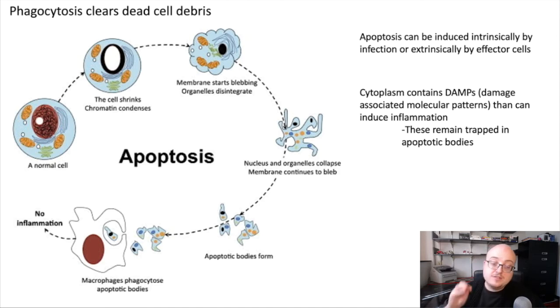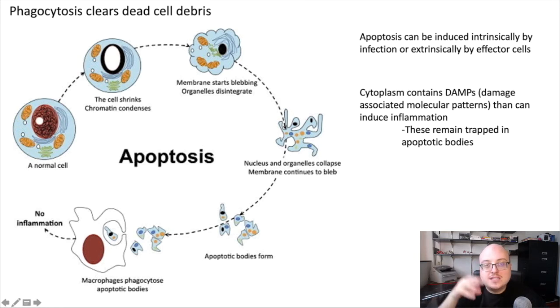But I keep coming back to the fact that these apoptotic bodies are self-contained. And the reason for that is that the cytoplasm of all cells includes molecules that we call danger-associated molecular patterns. Often these are normal molecules that do all sorts of things inside the cell, but they're meant to be on the inside of the cell.